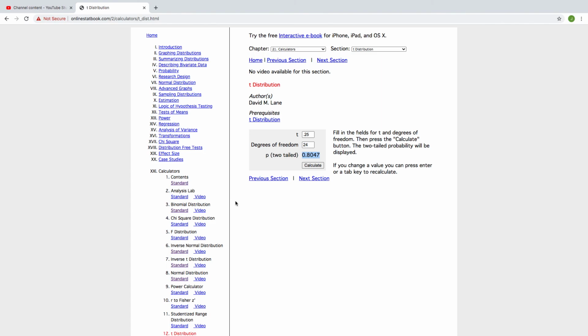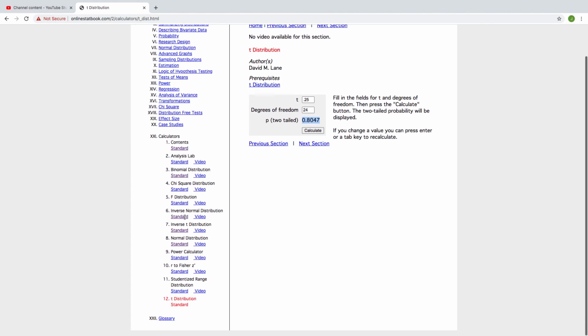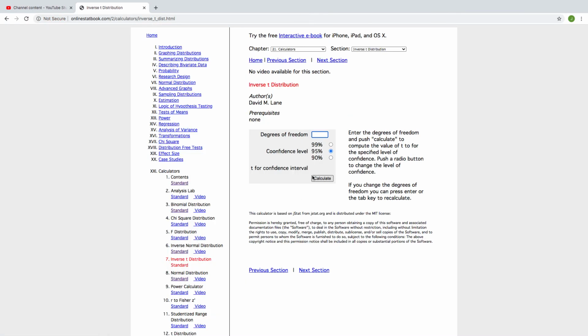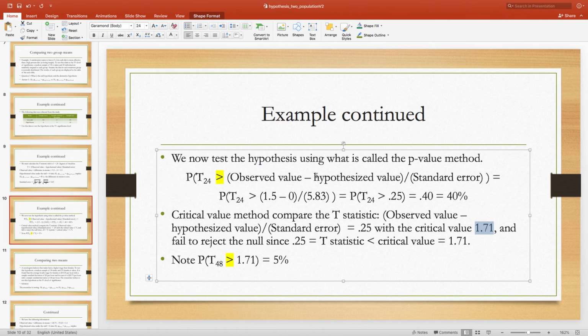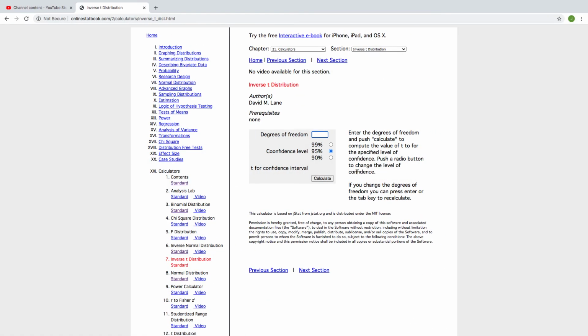Okay, so if I go ahead and use this online calculator, but now I use the inverse t-distribution. And let's see, I want to test this at the 5% level of significance, and that's one-sided. So for a confidence interval, I need to multiply that significance level by 2, which corresponds to 90%.